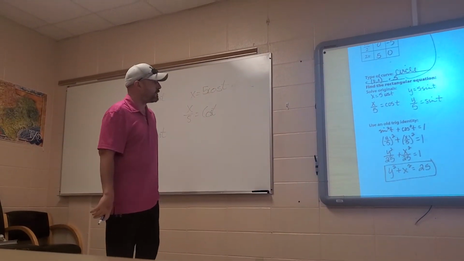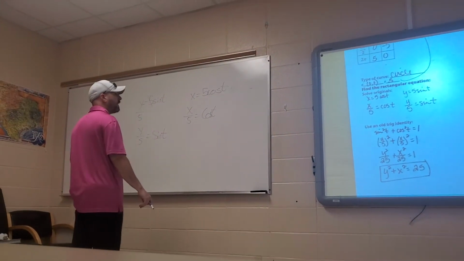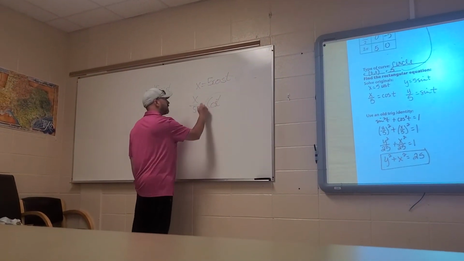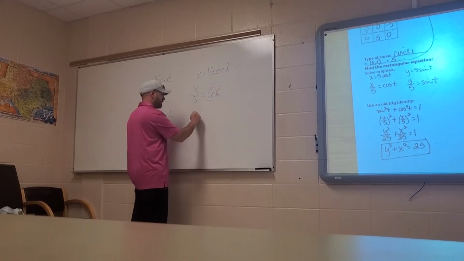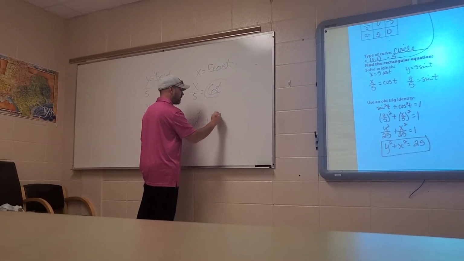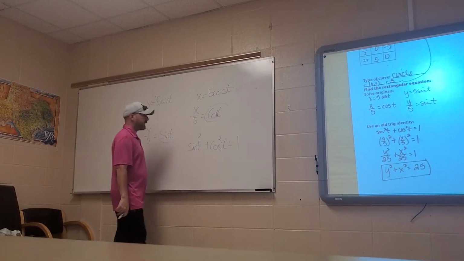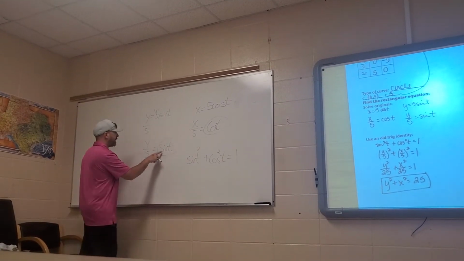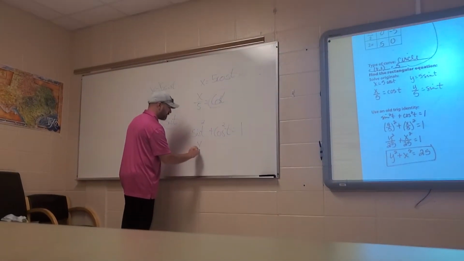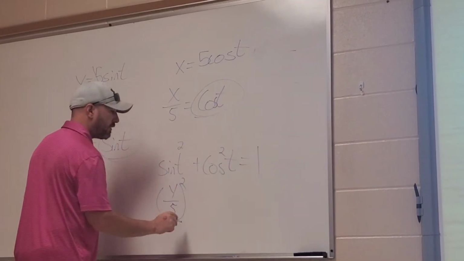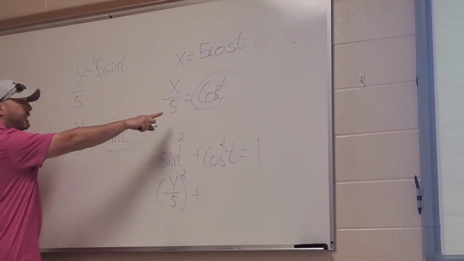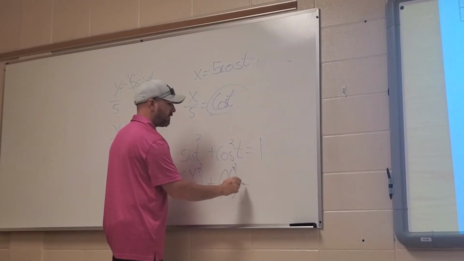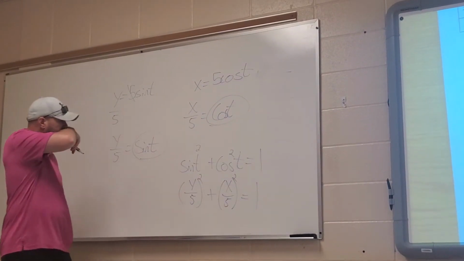You can use that right there and say, well, sine t is y over 5, and cosine t is x over 5.